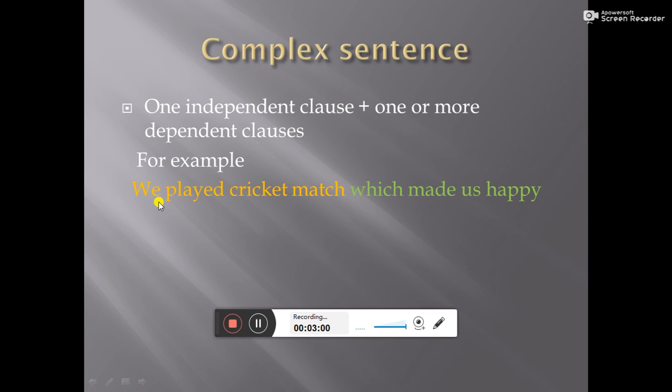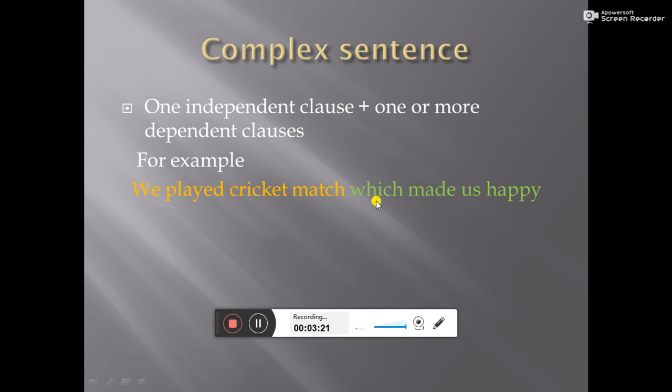Look at this example. It will make your idea more clear about the complex sentence. We played cricket match. Now, if I ask you, does it give complete meaning itself? Yes, definitely. It is giving complete meaning itself.